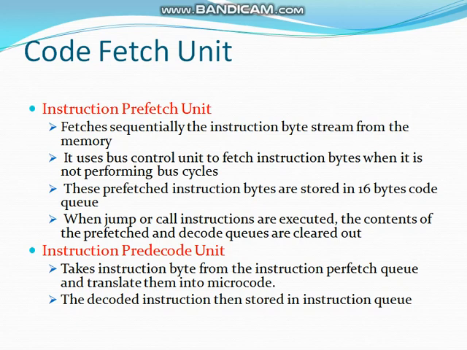It uses the bus control unit to fetch the instruction bytes when it is not performing any bus cycle. These prefetched instruction bytes are stored in the 16-byte code queue. Means it can store 16 bytes of code in advance. So that's why the speed of operation is very fast.